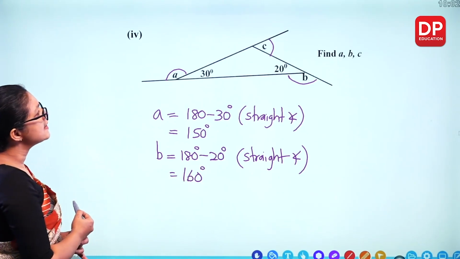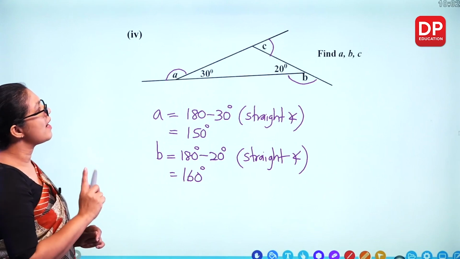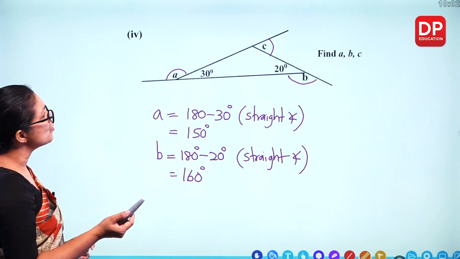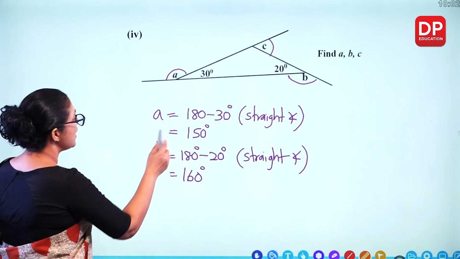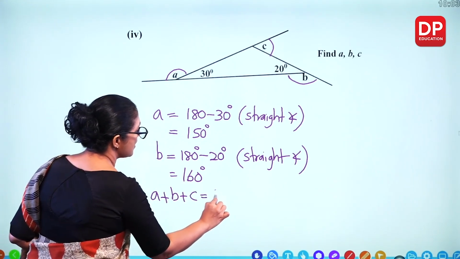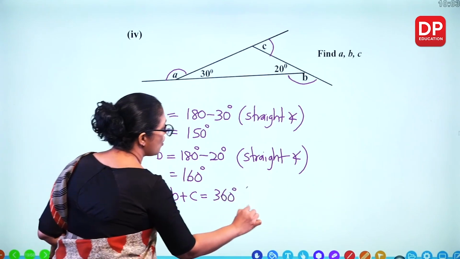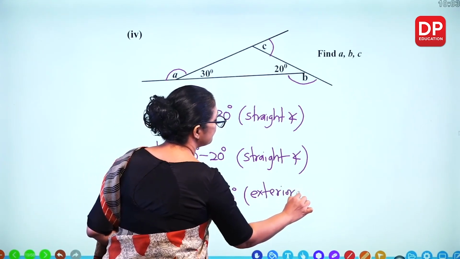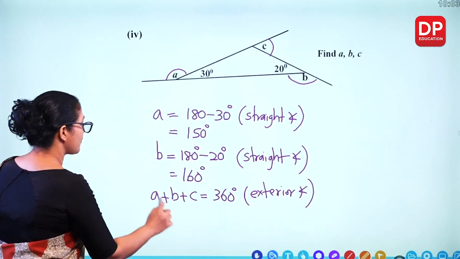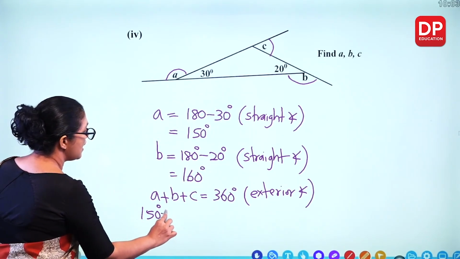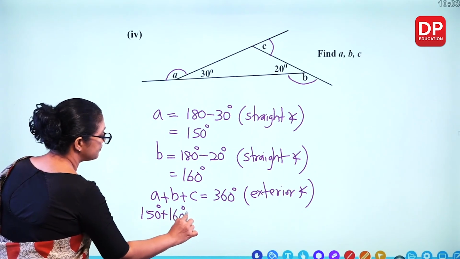What's C? C you can find using the sum of all three angles add up to 360. So A plus B plus C is 360 because of exterior angles. A and B, 150 and 160.